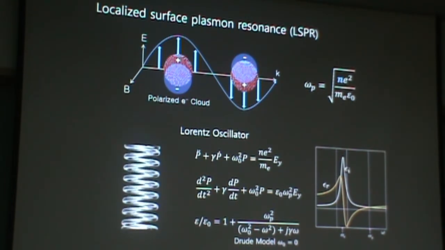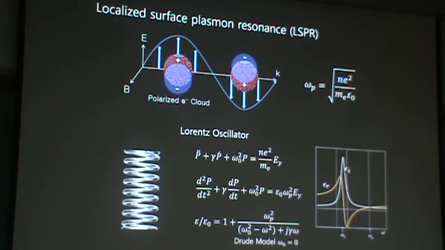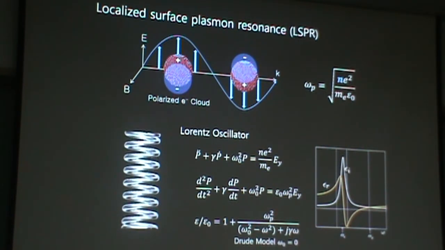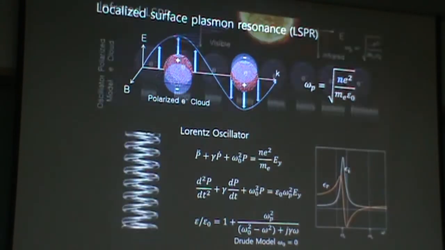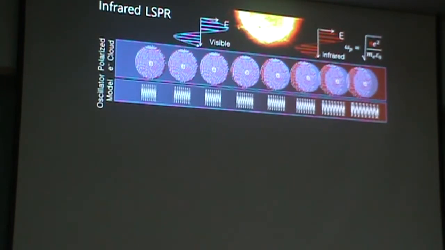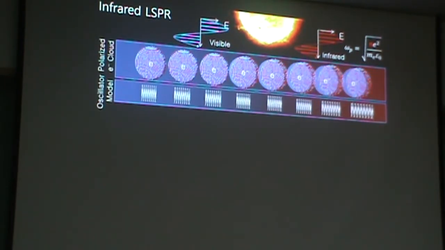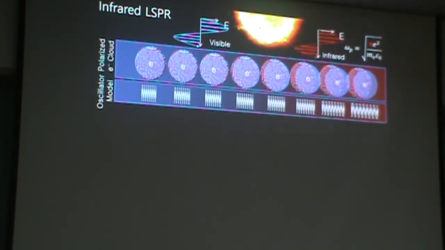And due to this oscillation energy loss, very intense absorption can occur, especially in the imaginary dielectric constants, according to the Lorentz oscillator. Now, in the case of plasmonic doped oxide nanocrystals, the free electron carriers can be significantly more reduced as compared to typical metals such as gold and silver.